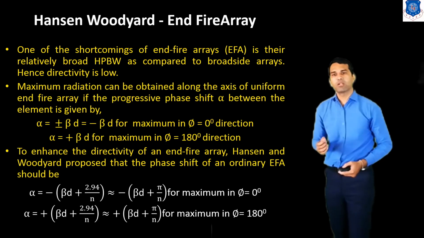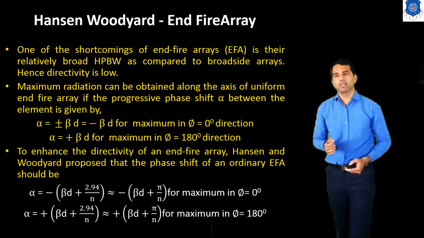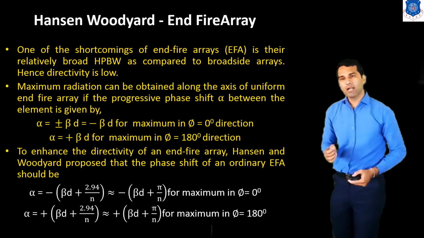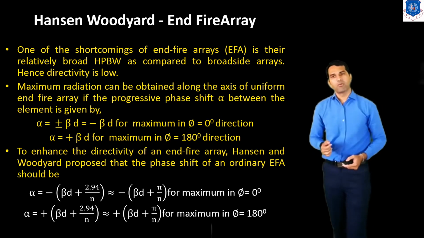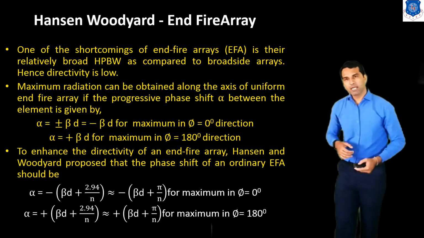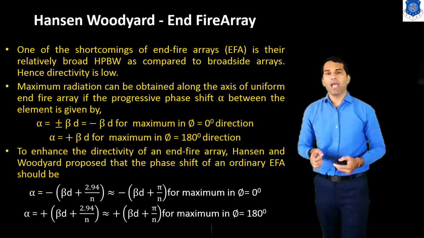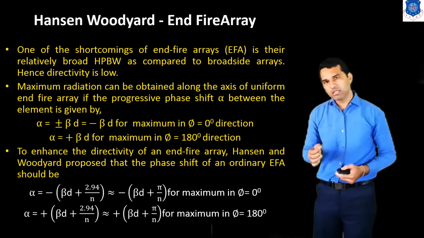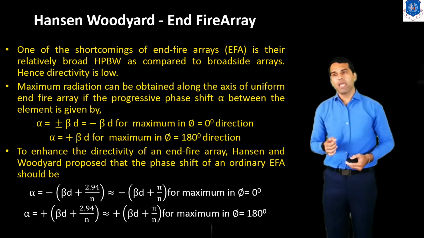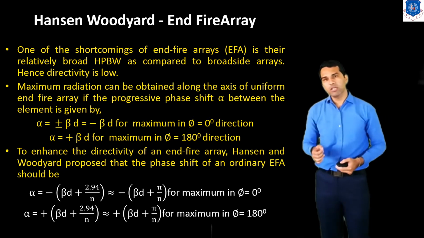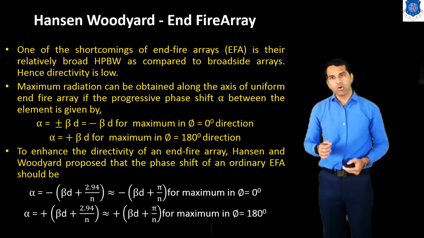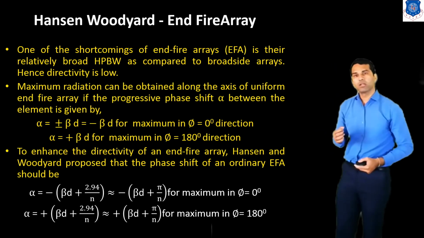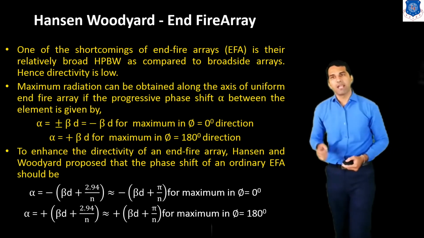And similarly for phi equals 180 degree, the condition is alpha equals plus beta d plus pi by n. So to increase the directivity of the end-fire array, Hansen and Woodyard changed the condition for alpha, so we can increase the directivity of the end-fire array.